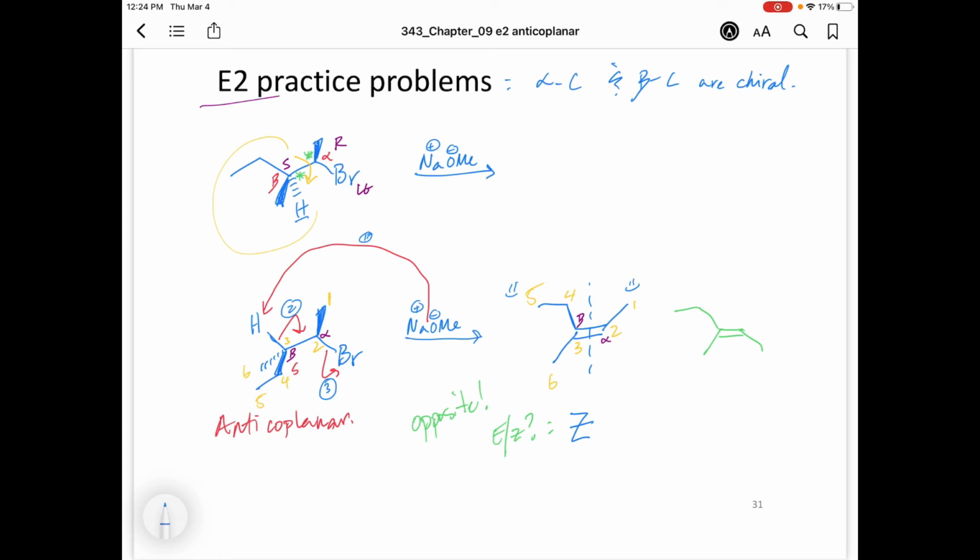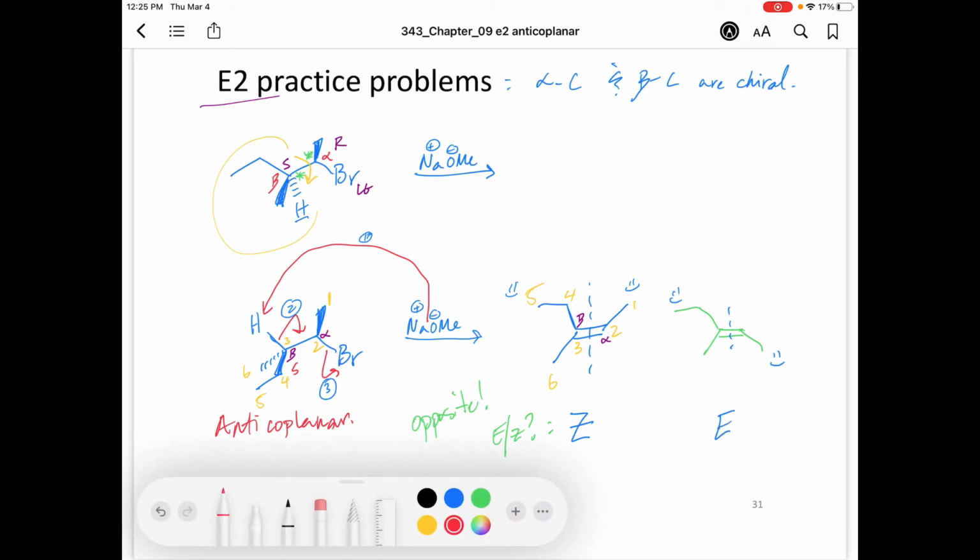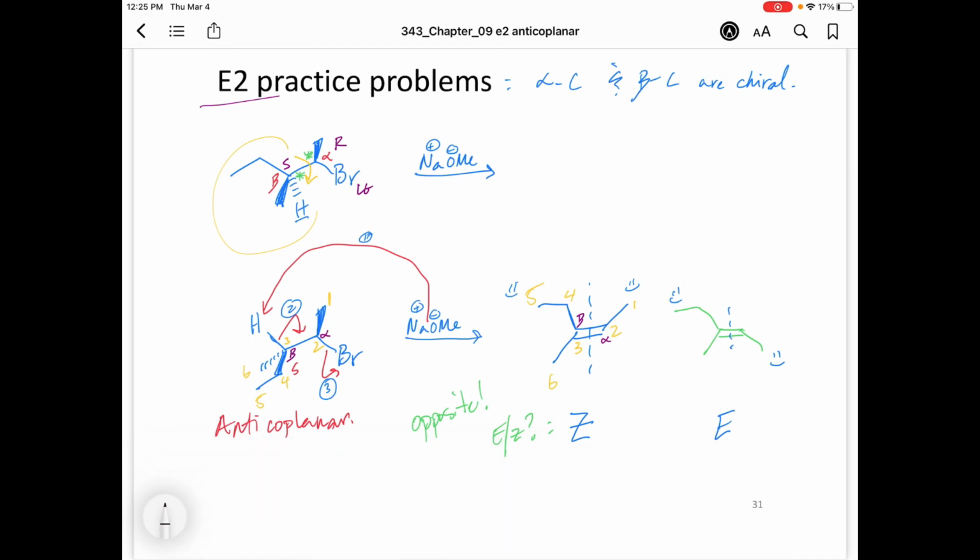Now, when I look at this green alkene, the methyl here on the left wins and the ethyl wins here on the right. So this would be an E alkene. This one does not form.